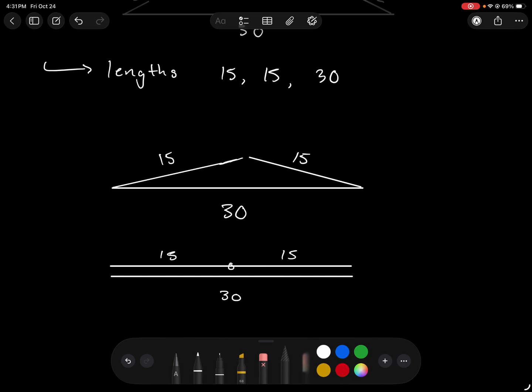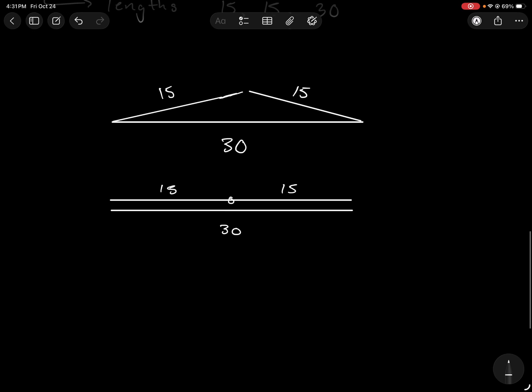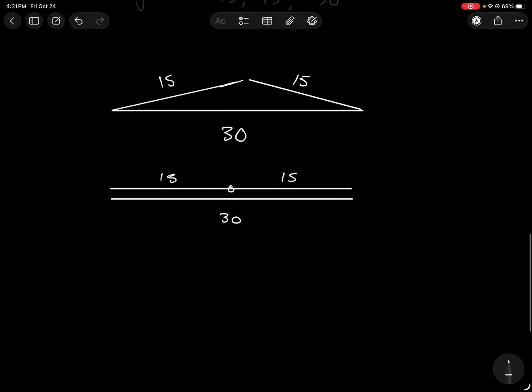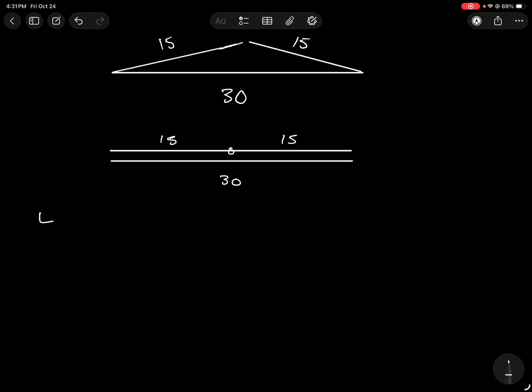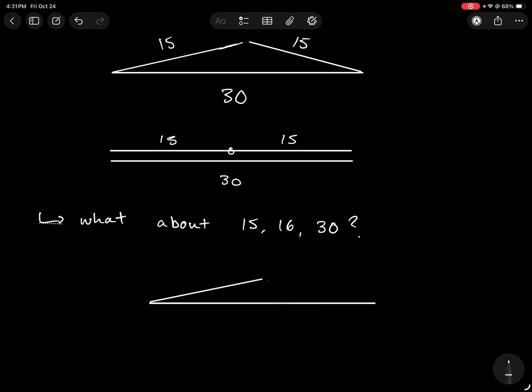At the very least, it seems like, while observing here, our two shorter lengths need to be a little bit longer than 30. So with two sides of 15 and 16, they should be able to touch because one of these lengths goes a little bit past this halfway point, and my two shorter sides can meet.